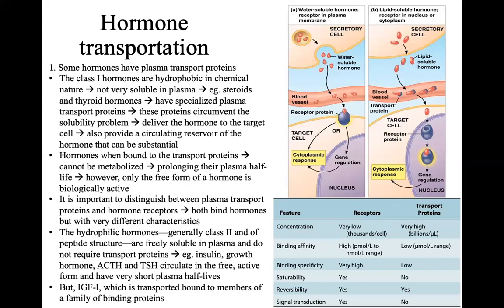Like the lipid based ones, they need to take some time to make sure the conformation is fixed, and this will take some time. That's why the lipid soluble hormones are struggling. They will take some time to stay inside our bloodstream before the target cell can give an effect. So this is just an example.